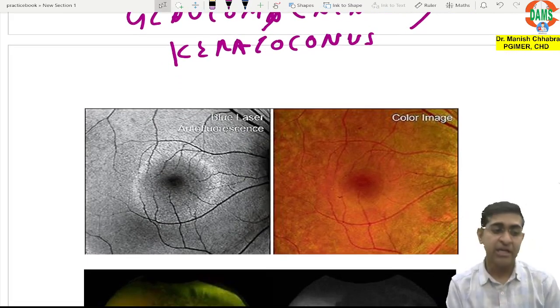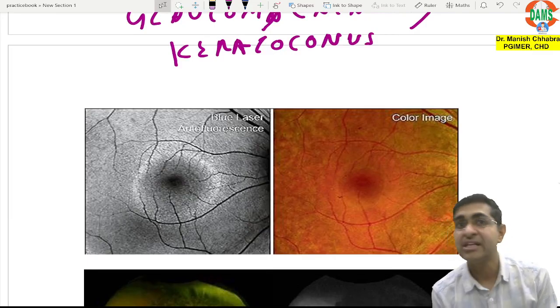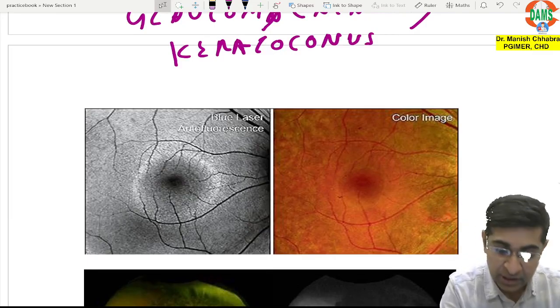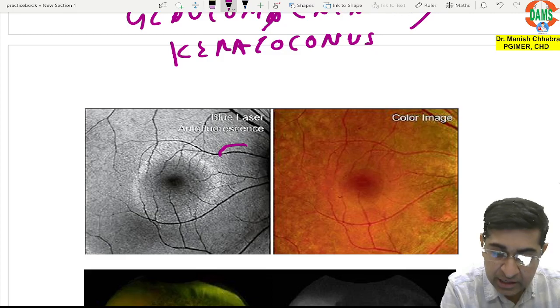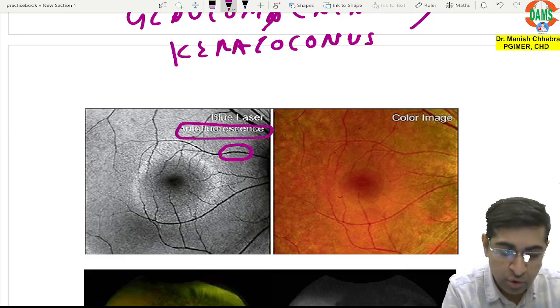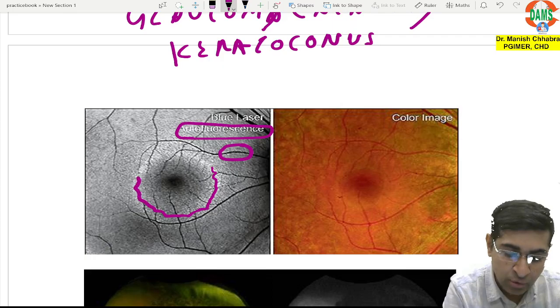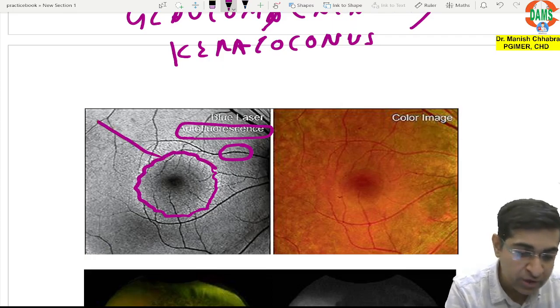Now, can you appreciate this image? First tell me, is this image autofluorescence or fundus fluorescein angiography? Can you appreciate the hypofluorescent vessels? So of course, this is your autofluorescence. And also check out this hyperfluorescent ring around the fovea, perifoveal region.